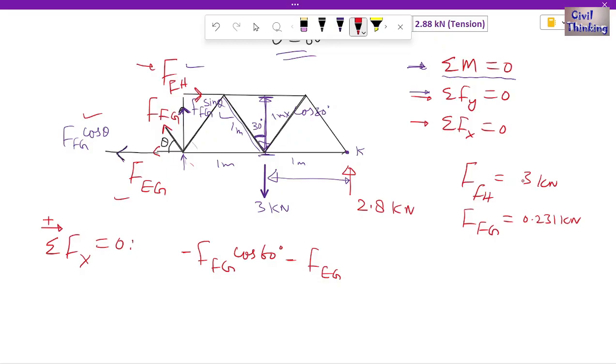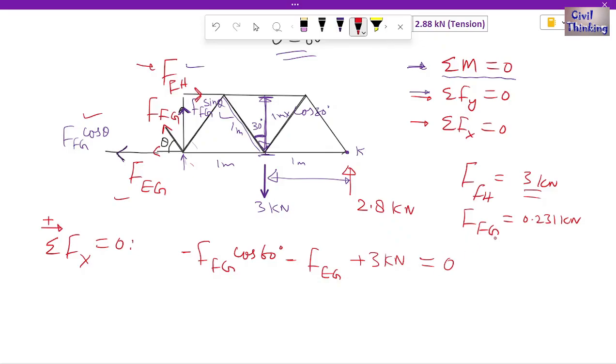Now FFH is towards right, so it is going to be positive 3, right? Because FFH is 3 kilonewton. Now do we have another force in the horizontal, the x direction? I think we have only 3 forces, 1, 2 and 3. I did everything right, so the sum is equal to 0. So I will equate everything to 0.